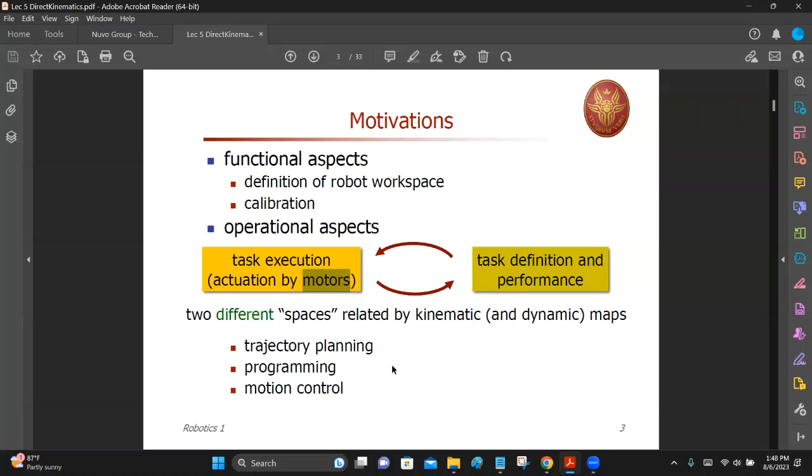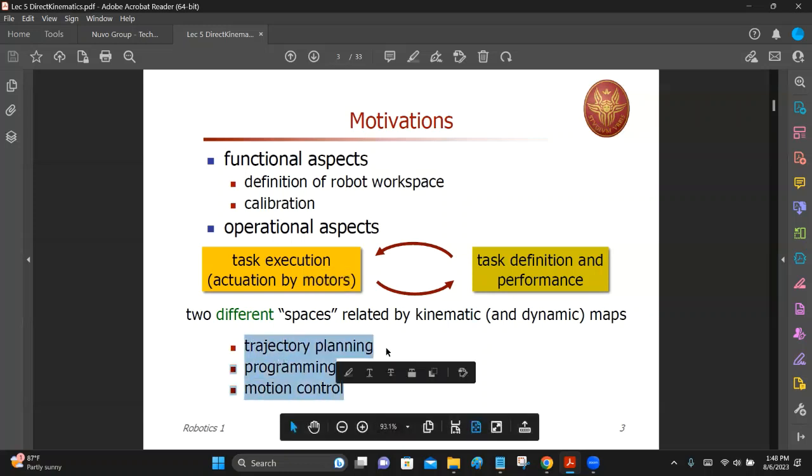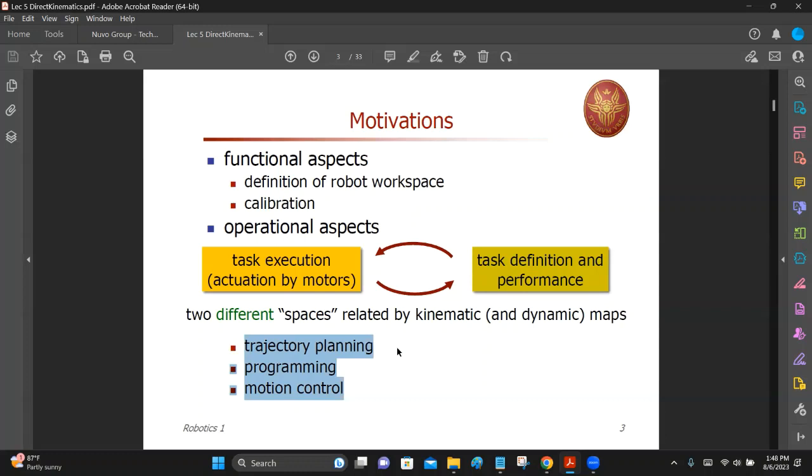So when you really deploy a robot manipulator for an application, right, you basically do 3 things. One is trajectory planning. You plan the trajectory from start to the end. Okay. So as I said, generally you define the task in XYZ space, but you already know that robots do not understand XYZ, but they understand joint angles.